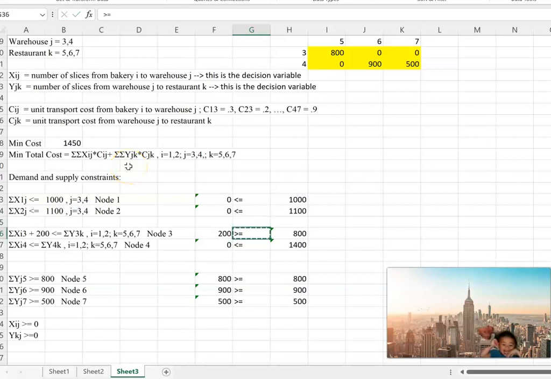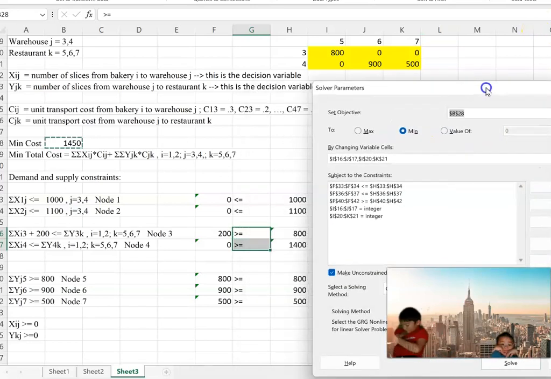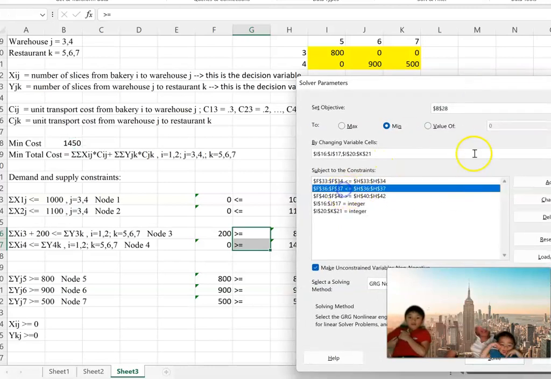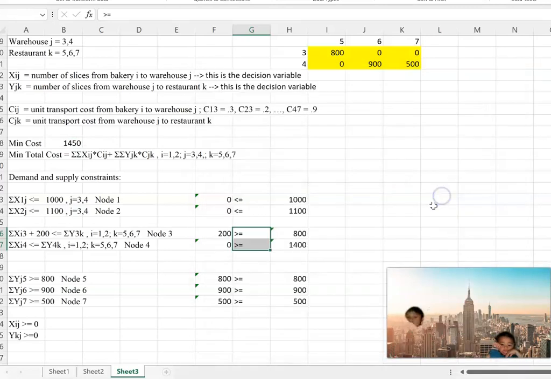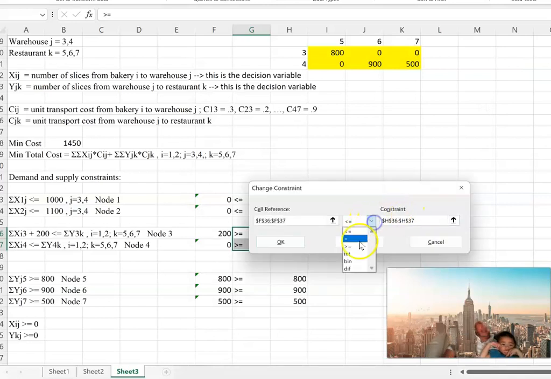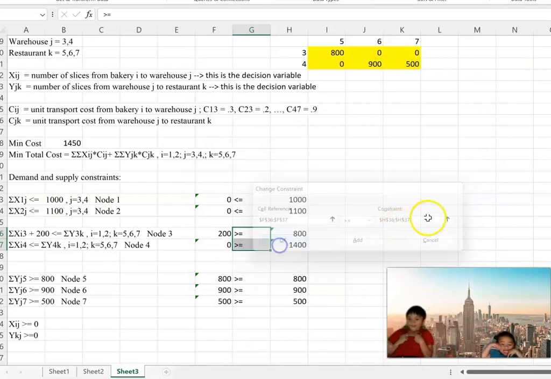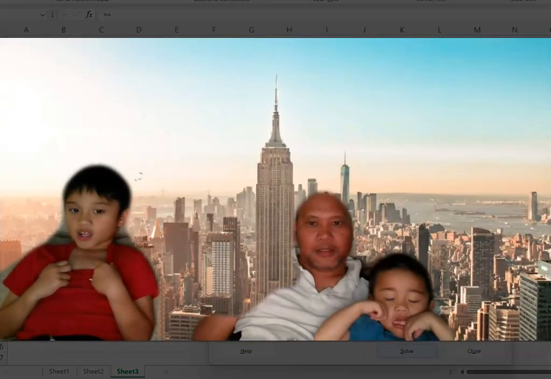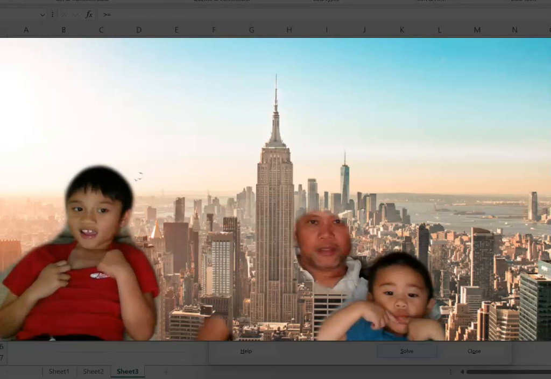Alright, so I have to modify the constraint. So the one for F36, we have to change this. It has to be greater than or equal to. Solve it again.